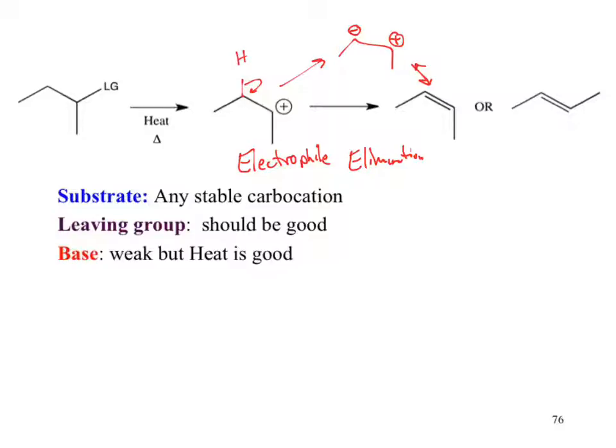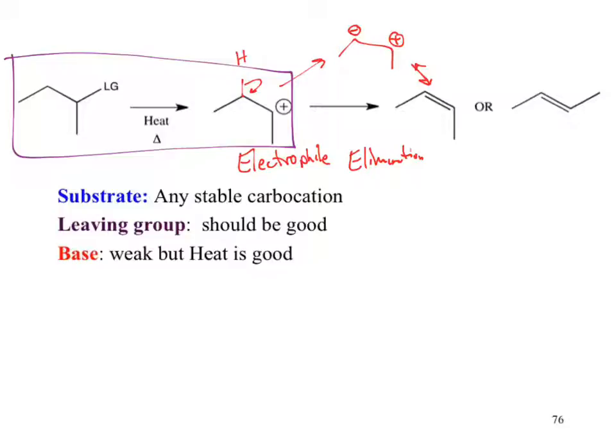But if we look at the SN or the E1 mechanism, what step of that reaction are we concerned about? The first step, again, the formation of the carbocation. Well, do I care about acid-base reactions in that first step? Nope. So do I want a strong base? Nope. Okay.